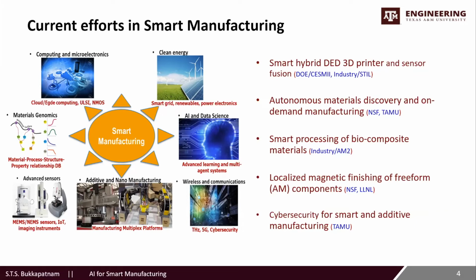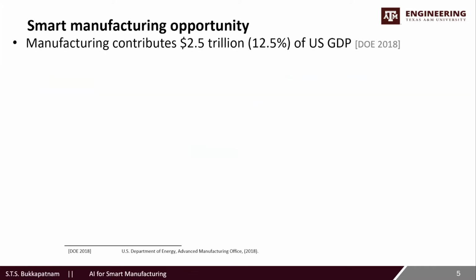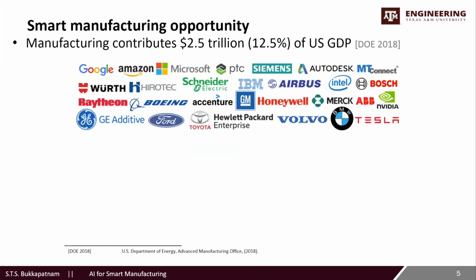And our research group actually has been looking at different aspects of smart manufacturing. And one of the important facets of smart manufacturing is it is something that a lot of industrial conglomerates are embracing.